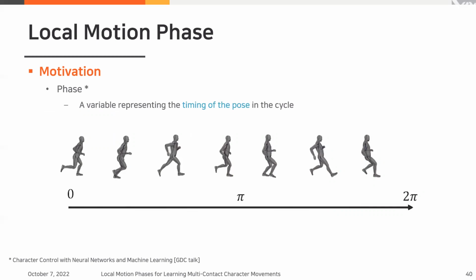When the left foot first goes down, it indicates 0, and pi when the right foot goes down, and 2 pi when the left foot goes down on the ground again. So this way, the remaining poses in the walking motion can be represented in the cycle between 0 and 2 pi.